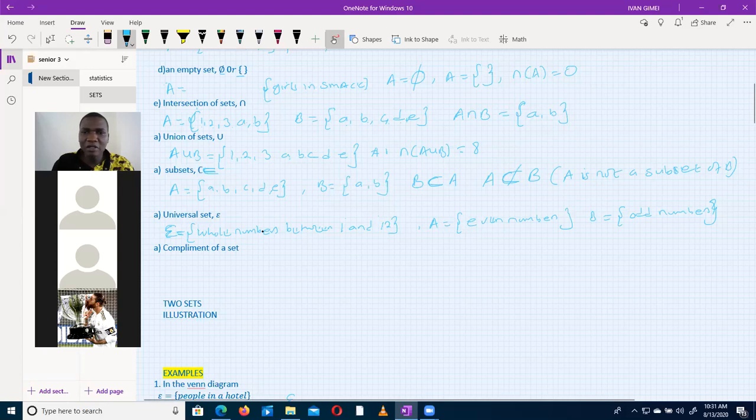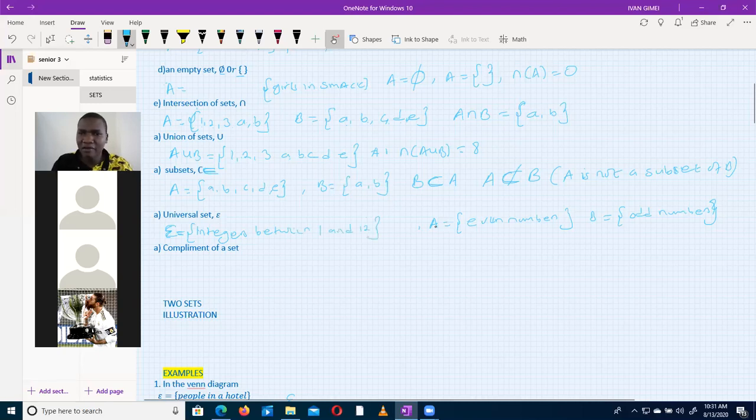So we are talking about numbers. In fact, here we would have defined it as integers. I think that becomes a better word to use. We say integers between 1 and 12, like that.